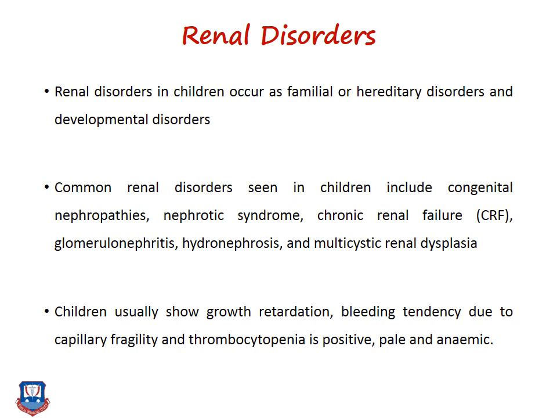The common renal disorders seen in children include congenital nephropathies, nephrotic syndrome, chronic renal failure, glomerulonephritis, hydronephrosis, multicystic renal dysplasias. Children usually show retarded growth and they have a tendency to bleed due to the capillary being fragile. Capillary fragility and thrombocytopenia is positive, and the child is pale and anemic.